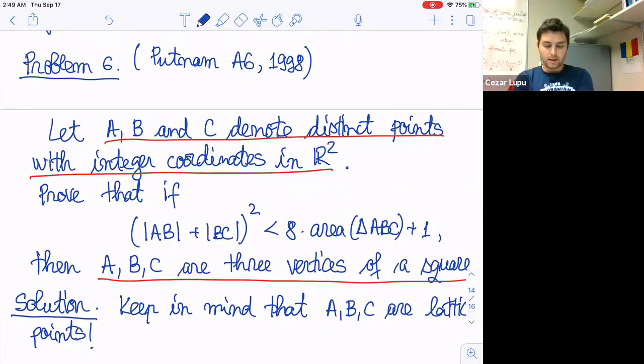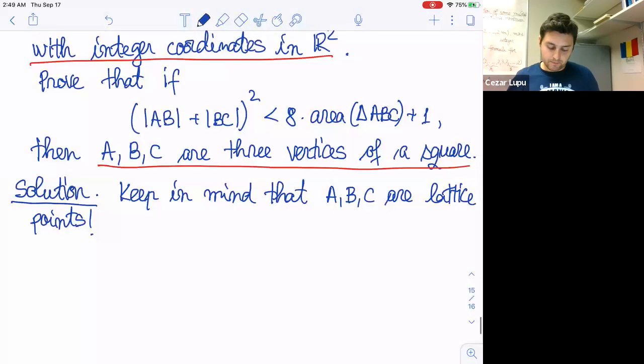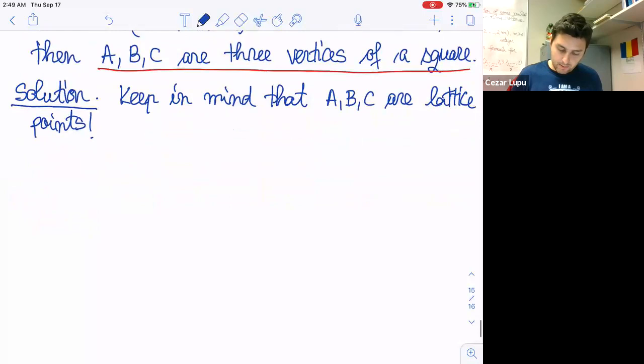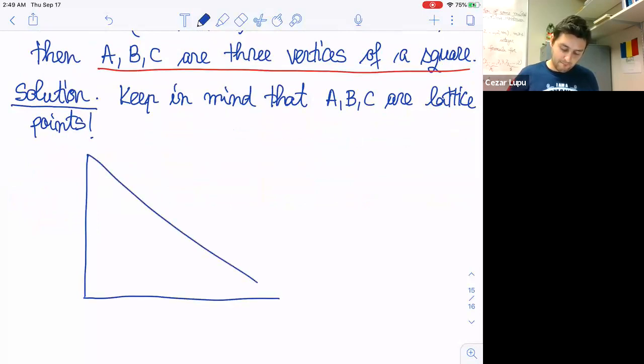So let's see. Let's draw the triangle. I'm going to draw it like this.